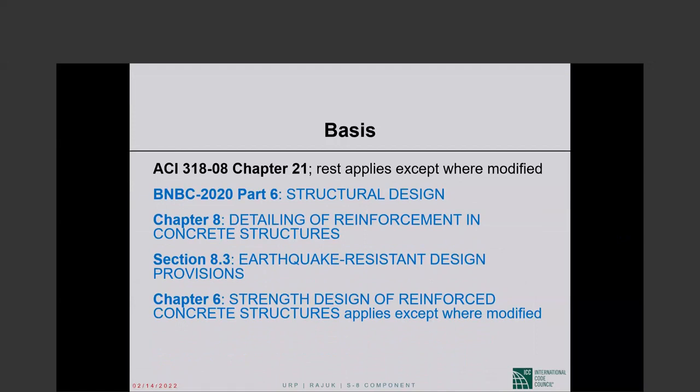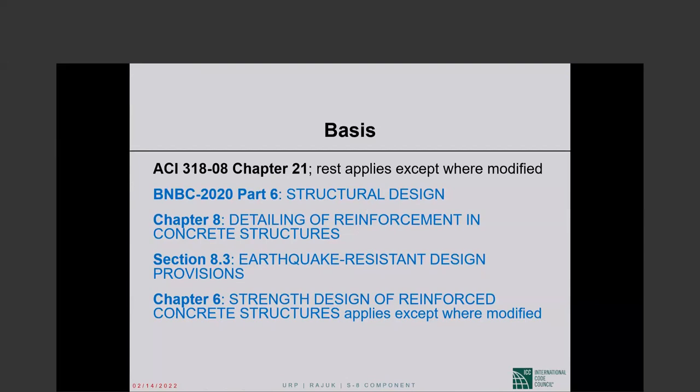In BNBC 2020, part 6 is structural design, as you know, a huge part of the code. In that part, chapter 8 is on detailing of reinforcement in concrete structures. Section 8.3 is where you go for seismic detailing, earthquake-resistant design provisions.